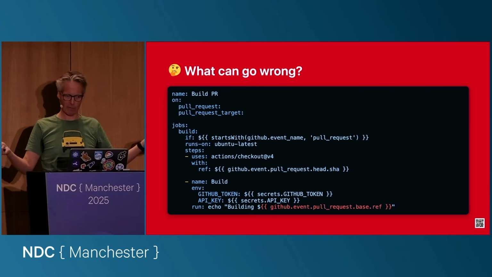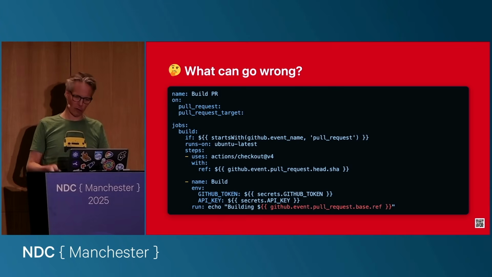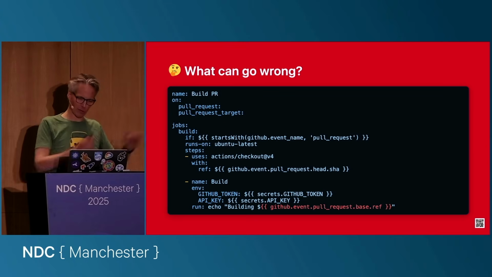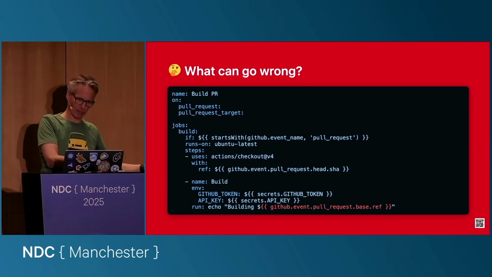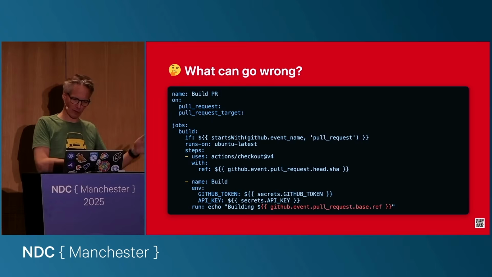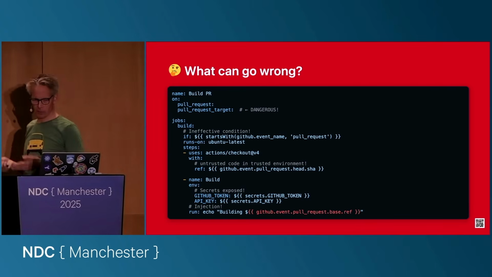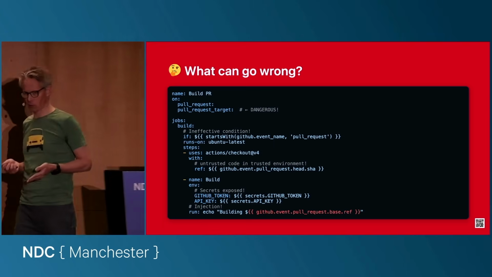So that is safe. But the pull request target will run the workflow and the changes in code in the context of the origin repository. That also means that you potentially can access secrets in that repository. So that makes it already a dangerous event. That's a reason why you should be very careful with using the pull request target.